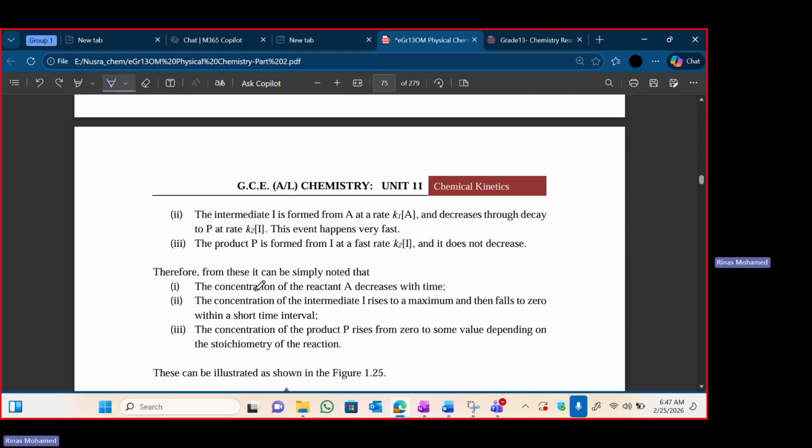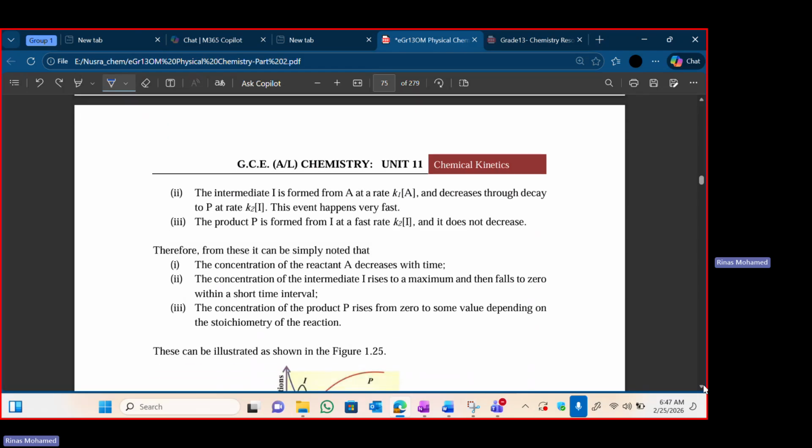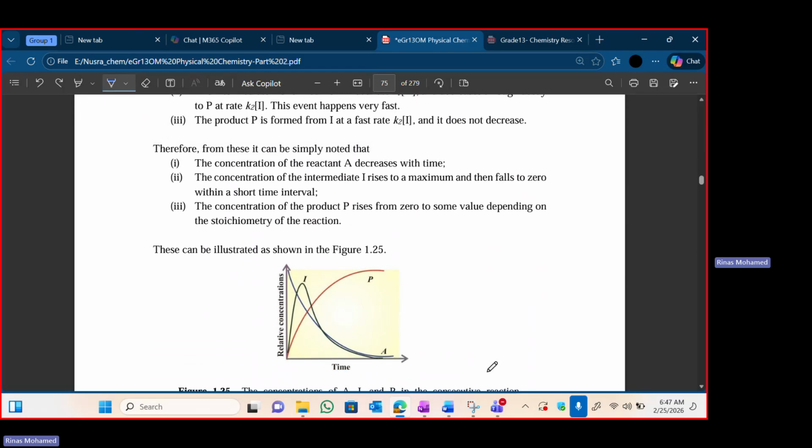Then you can say the concentration of A is decreasing with time, and the concentration of the intermediate I, initially it is formed, so its concentration is rising in the first step, and then falls to zero within a short time interval, because that is an intermediate, right? First step and then the intermediate is formed, right?